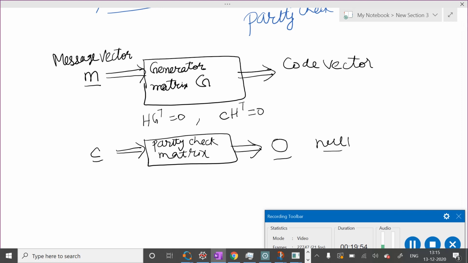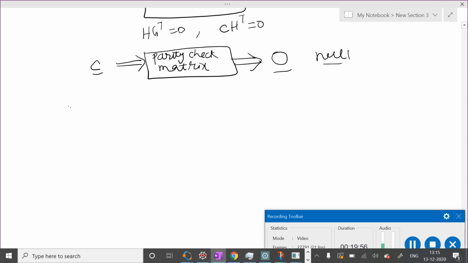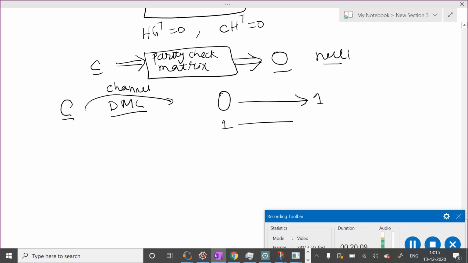Now when you transmit this code word over the channel, assume the discrete memoryless channel. What will a discrete memoryless channel do? 0 may get changed to 1, 1 may get changed to 0. So what you receive at the receiver, you will not receive the code word. It will be a code with errors that we call R, the received vector.